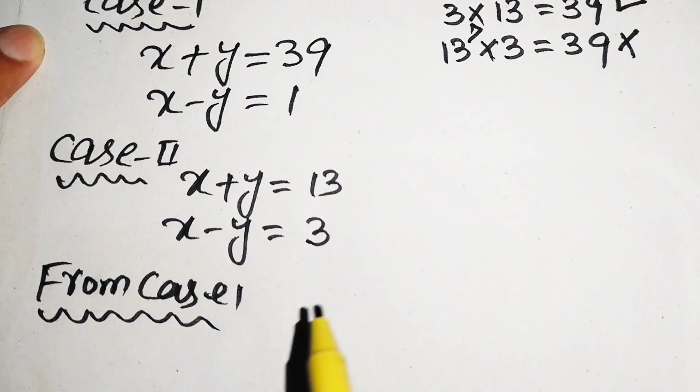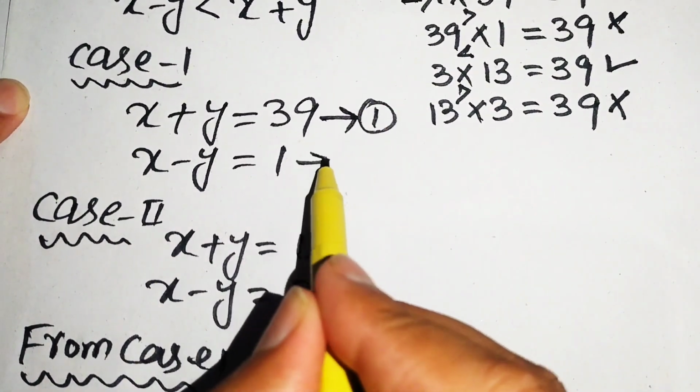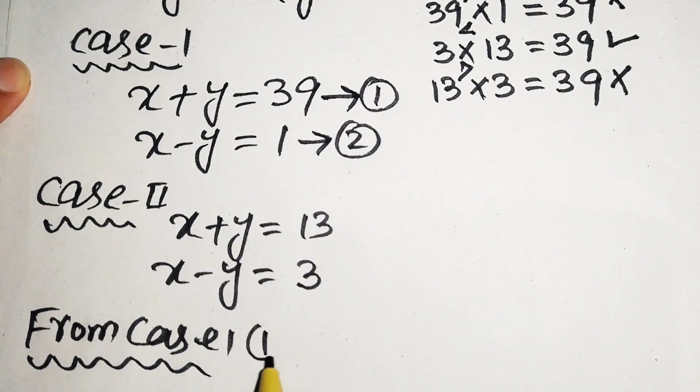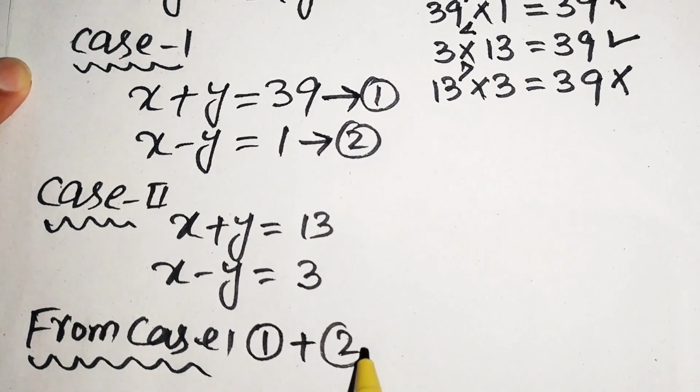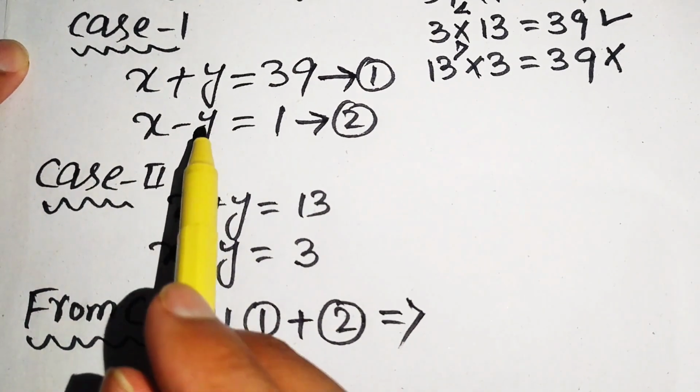So in case number 1, we call this equation number 1 and we call this equation number 2. So here first we add equation number 1 and equation number 2, which means we just add these two equations.